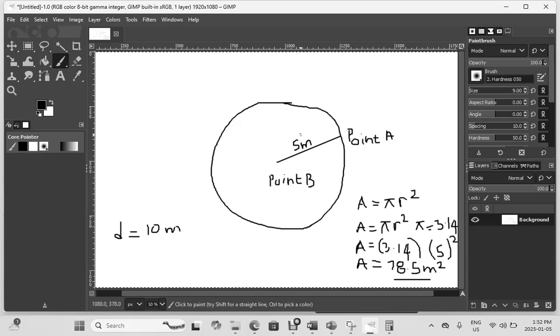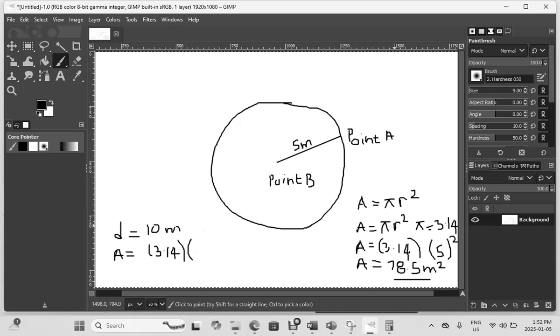Remember, your diameter is two times the radius. Now, if you want to figure out the area, your area will be pi r squared, which means this will be 3.14 times your diameter.